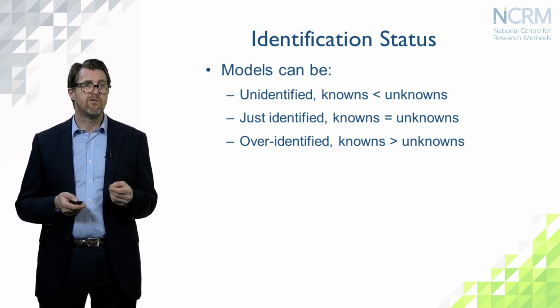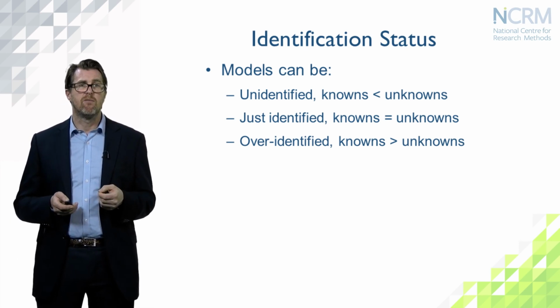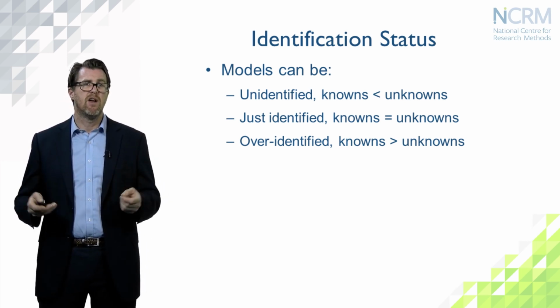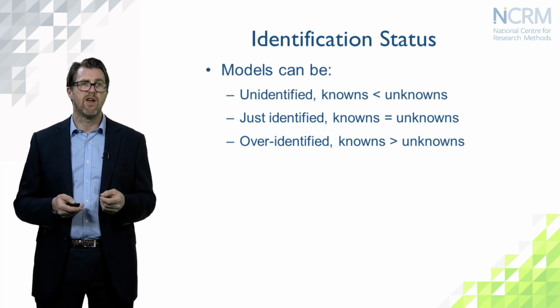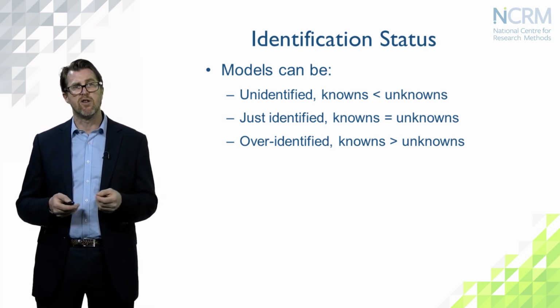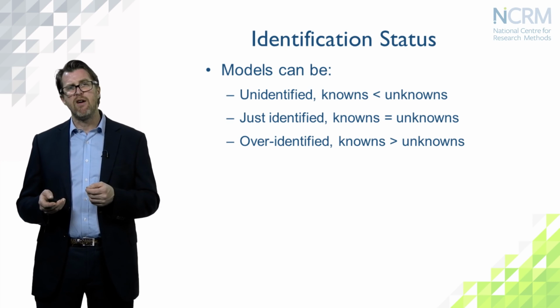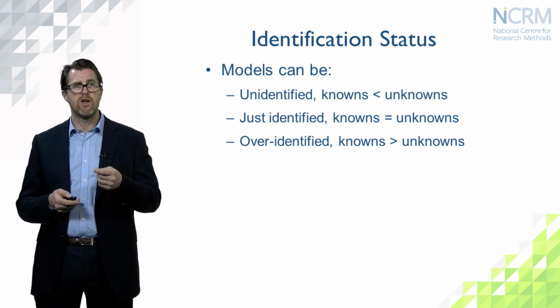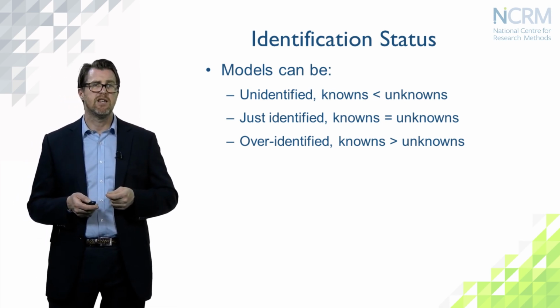Other models can be just identified, where the number of knowns is equal to the number of unknowns. We don't have any what we call over-identifying restrictions on the model, and therefore for just identified models we don't have any likelihood for the model that we can use to assess its fit.